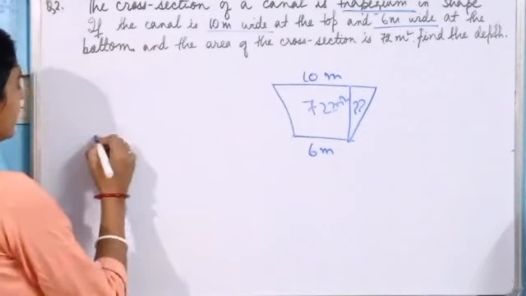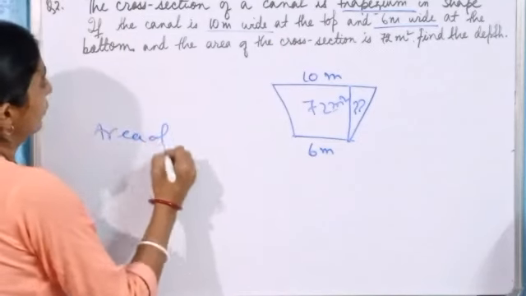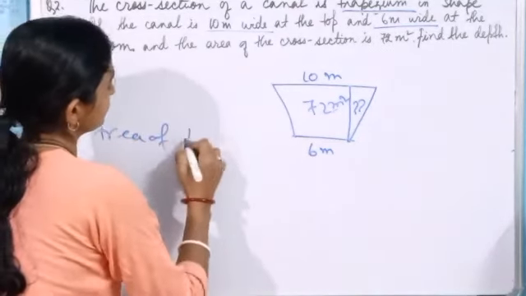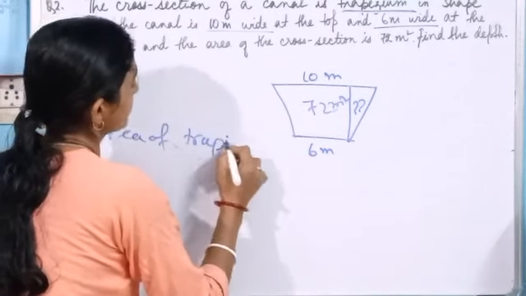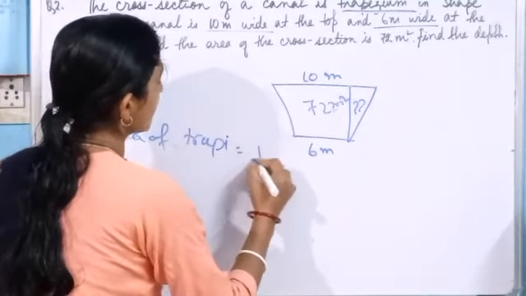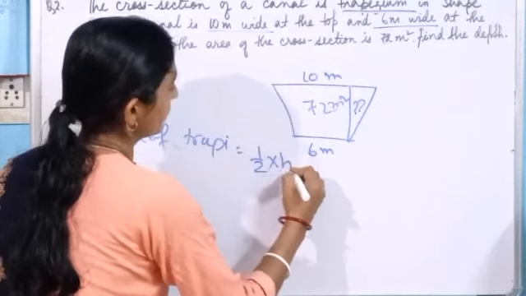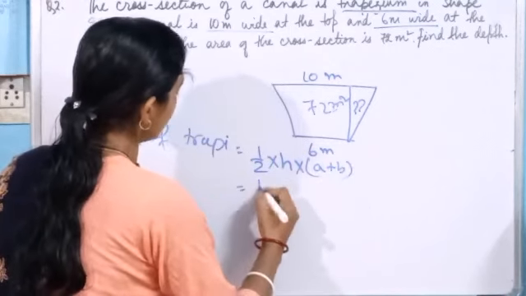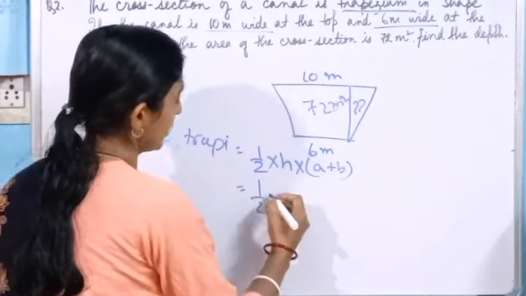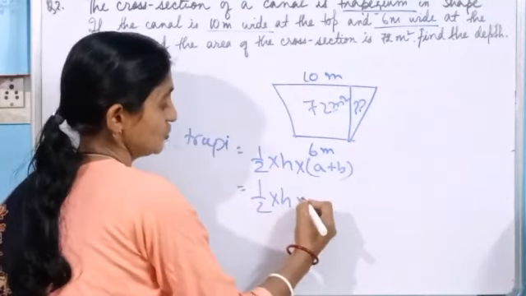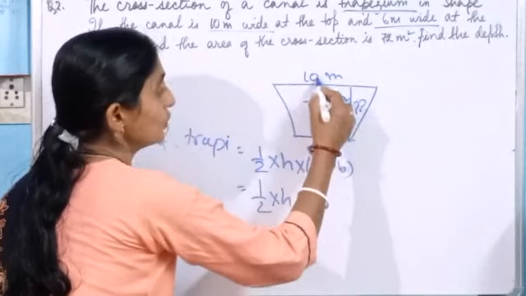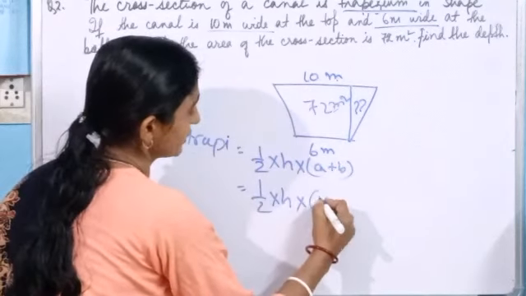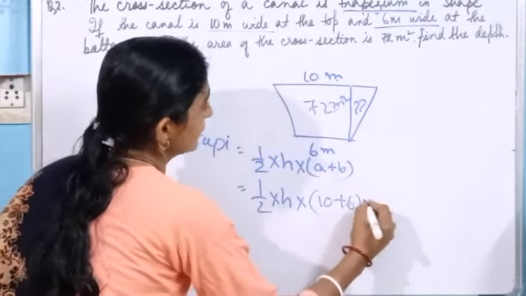So here we can write area of trapezium is equal to half into height into the sum of the parallel sides. As per the question, height we don't know, so I am writing it h, and A and B we know are 10 meter and 6 meter, so we can write 10 plus 6 meter.